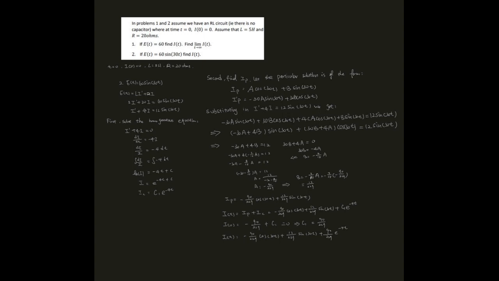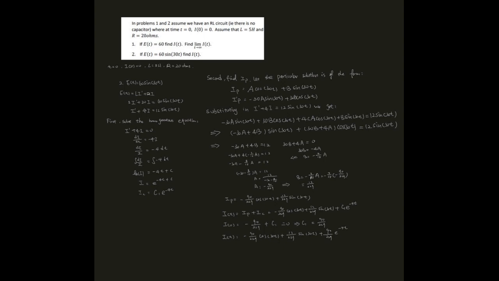And for the second step, we need to find i_p, the particular solution, in the form i_p equals a times cosine 30t plus b times sine 30t. i_p prime equals negative 30a sine 30t plus 30b cosine 30t.